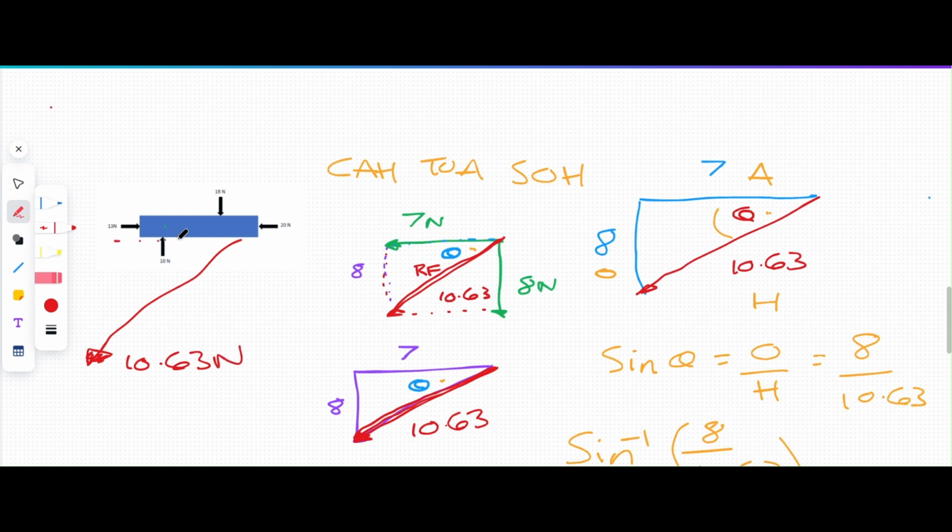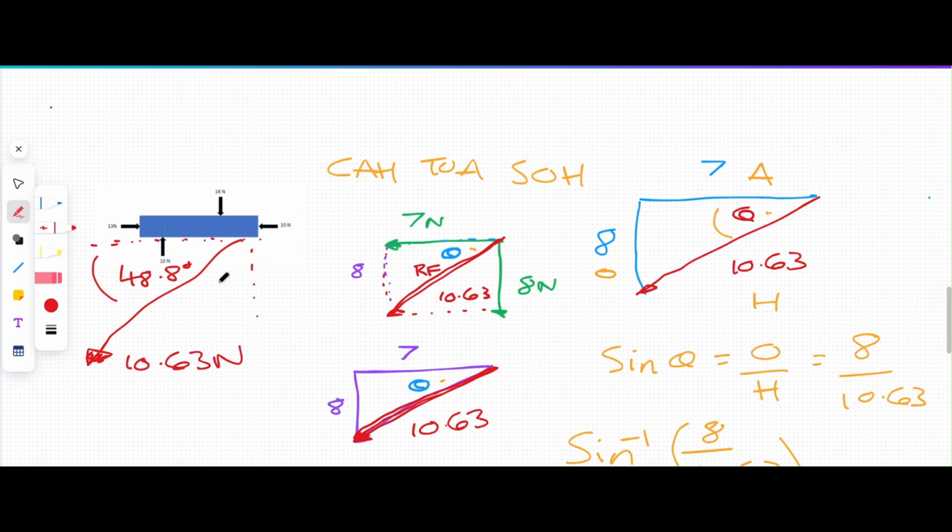And the angle from the horizontal is, what do we say? 48.8. 48.8 degrees from that horizontal there. Okay. You could find that one there if you want to.